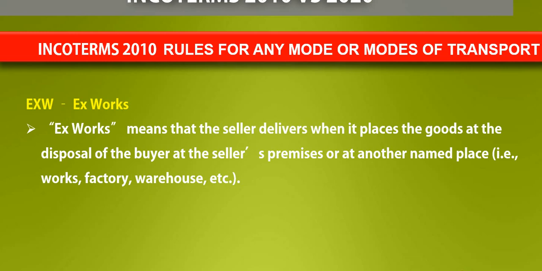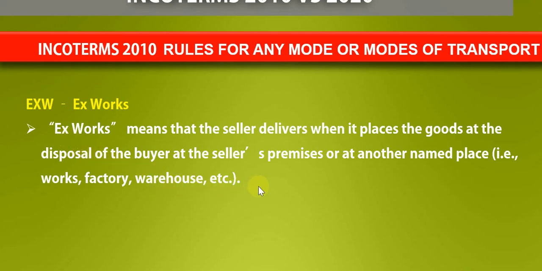This is quite a basic term, meaning that the seller delivers when it places the goods at the disposal of a buyer at the seller's premises or another named place, for example, works, factory, and warehouse.